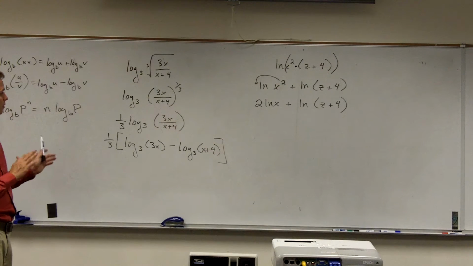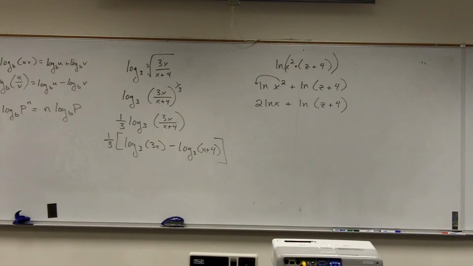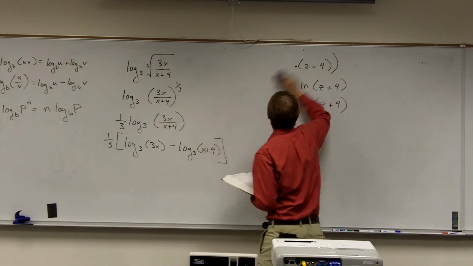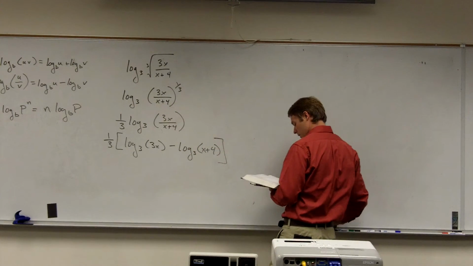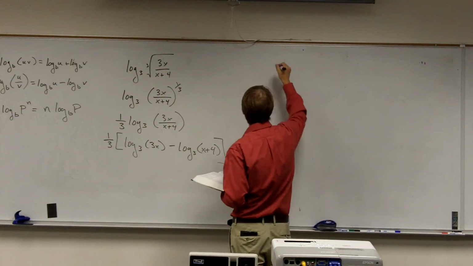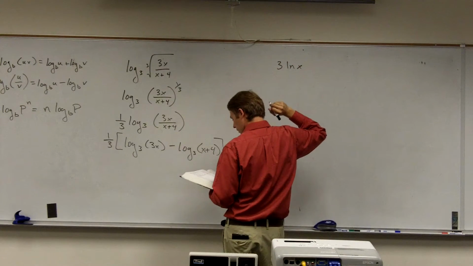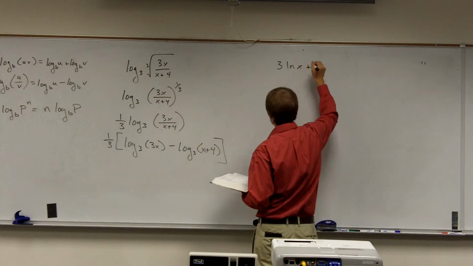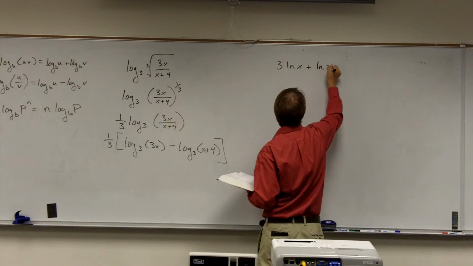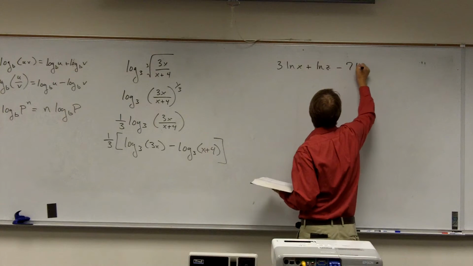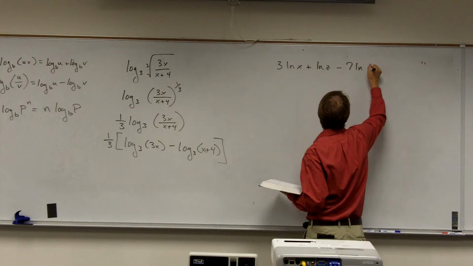So these are not too bad once you get the hang of them. But you can also go the opposite direction too, right? So I can give you something like this: 3 times the natural log of x plus the natural log of z minus 7 natural log of y.